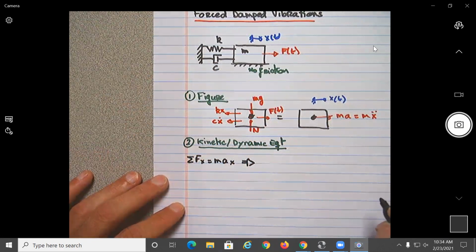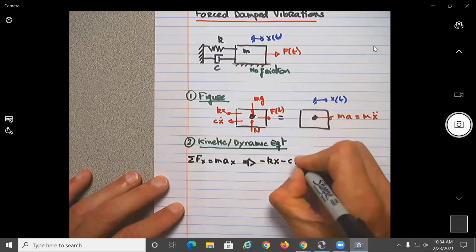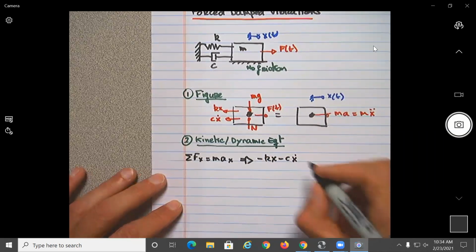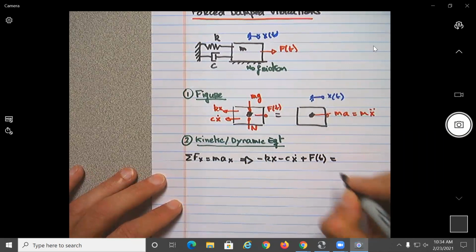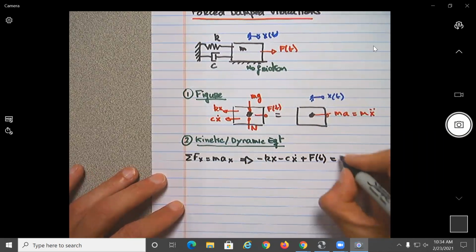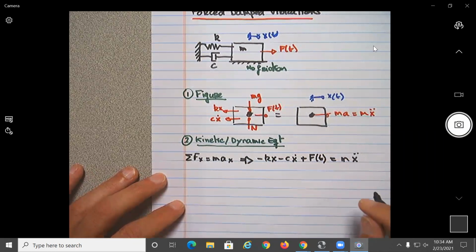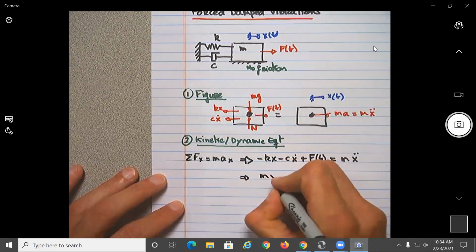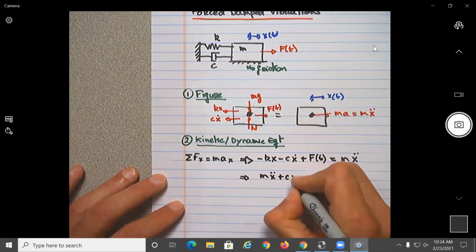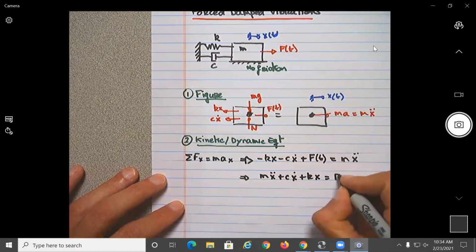What would that give you? Minus kx minus cx dot plus f of t will be equal to mx double dot. Or this will give us mx double dot plus cx dot plus kx equal f of t.